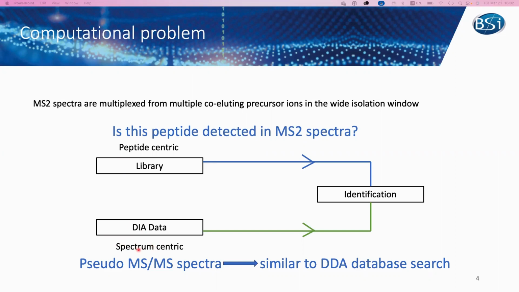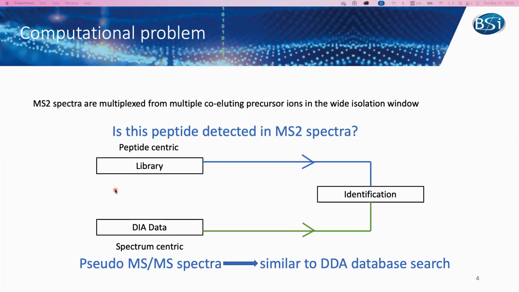To apply the spectrum-centric strategy in DIA data, pseudo MS2 spectra have to be generated first for each precursor ion in the DIA data by assembling precursor-fragment groups based on the elution profiles of the precursor ion and fragment ions. And then a conventional database search follows to identify the peptide in each pseudo MS2 spectrum.